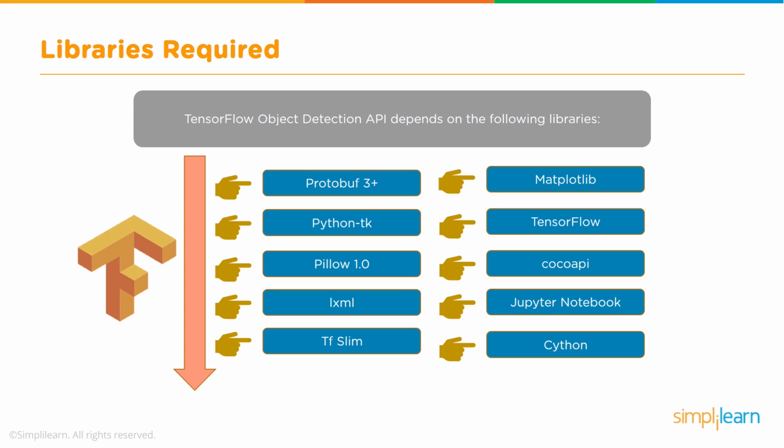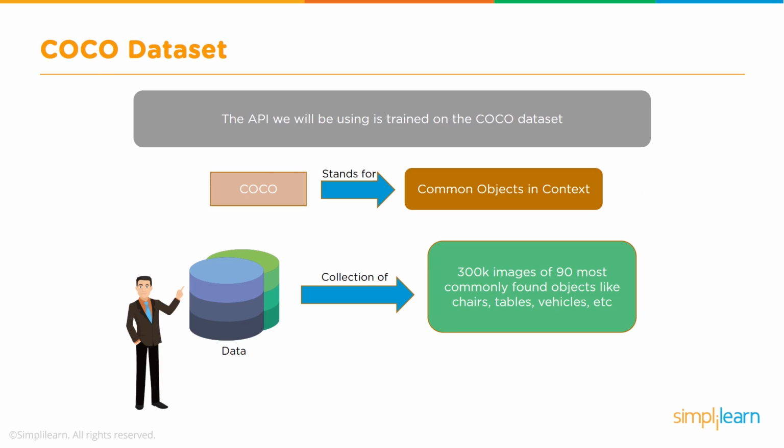This is a list of libraries that are required, and they have been shown in the code as well. The exact purpose of each of these libraries, why it is required, is out of the scope of this tutorial, but we will see in the code as we walk through how and why they are used. The COCO data set. COCO stands for Common Objects in Context.